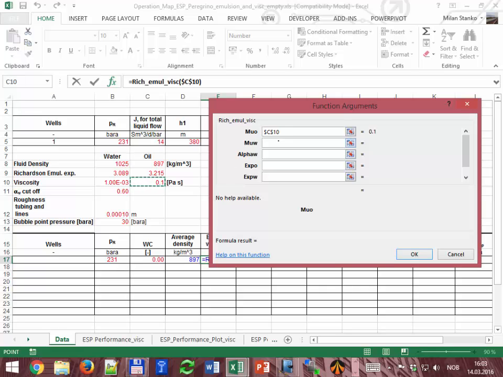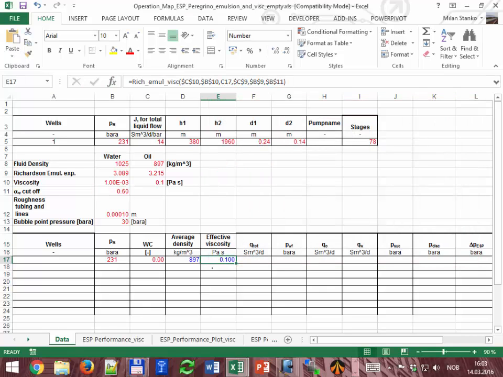Viscosity of the water. I block it. Then I need the water cut. Okay, that's not going to be blocked because when I drag it down, I want it to change. The exponent of the oil, it's here. The exponent of the water is here on the water continuous region. And the cutoff, it's 0.6, okay, and that also has to be blocked.